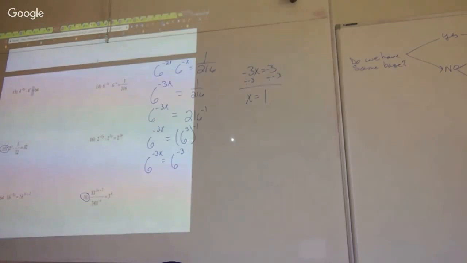So 2 to the x times 2 to the 5th. Well, hey, that's 32 as well, so I might as well change that one as well to the 5th. Why does that have to be in the parentheses? Good question. Because this 32 is being raised to the -1, and 2 to the 5th is 32.